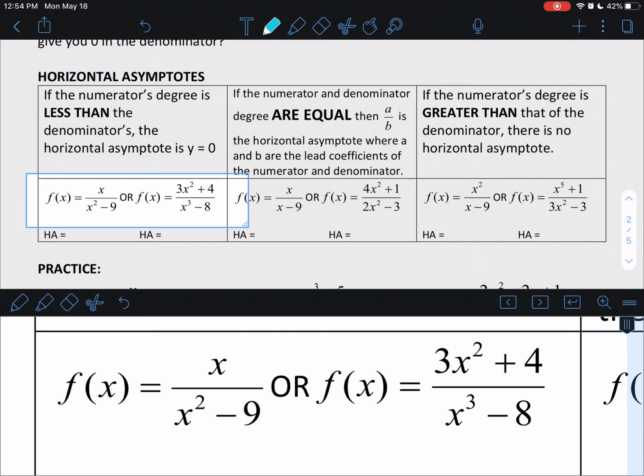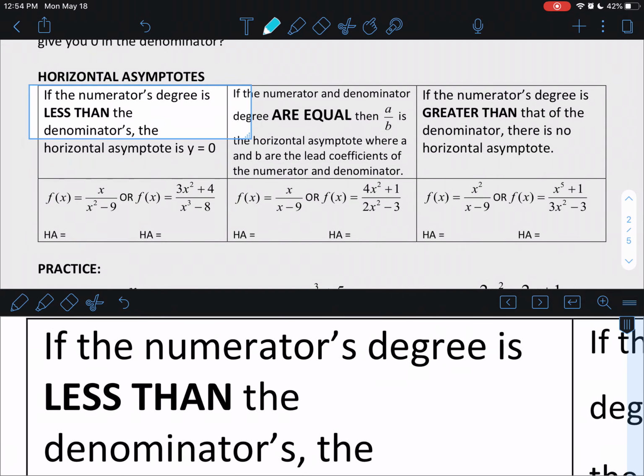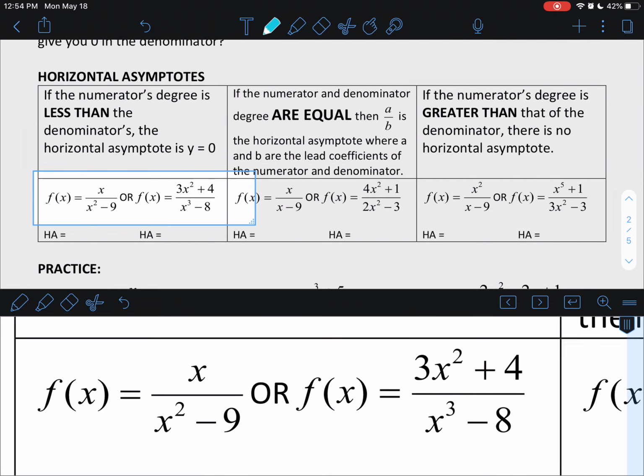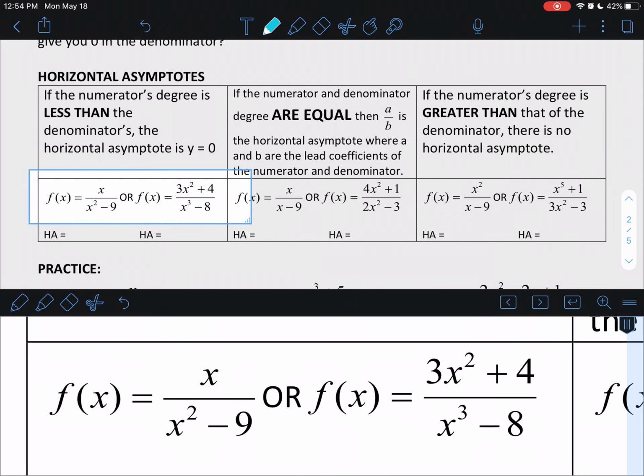If we have a rational function like this, if the numerator's degree is less than the denominator's, the horizontal asymptote is y equals 0. So here, f of x equals x over x squared minus 9. What it means by the numerator's degree being less than the denominator's: the numerator is x to the first power, and in the denominator there's x squared.